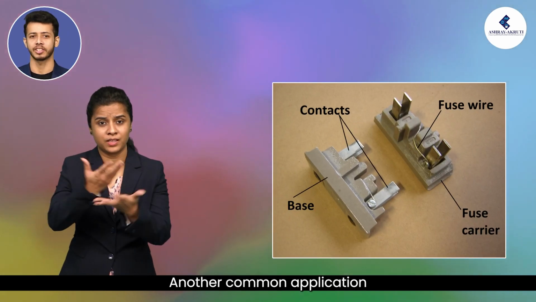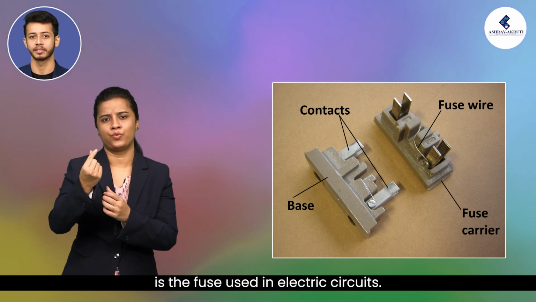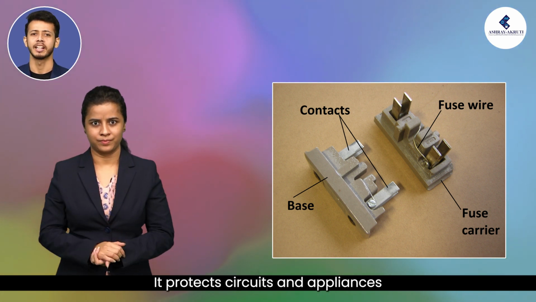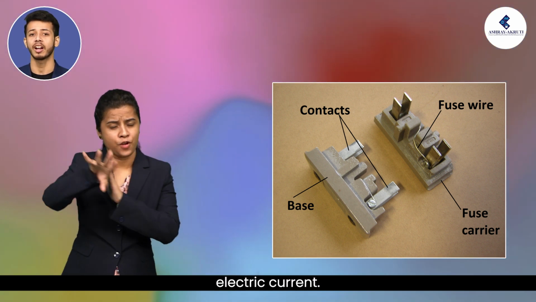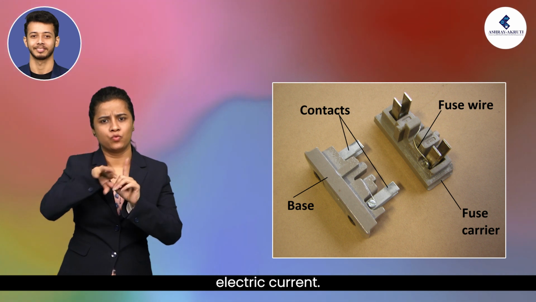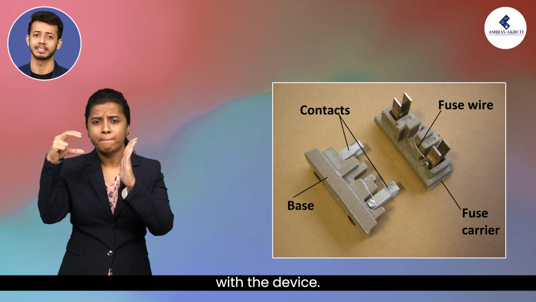Another common application of Joule's heating is a fuse used in electric circuit. It protects circuits and appliances by stopping the flow of high electric current. The fuse is placed in series with the device.